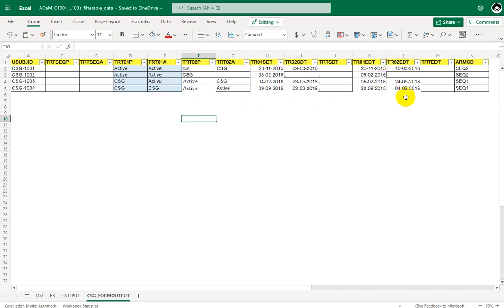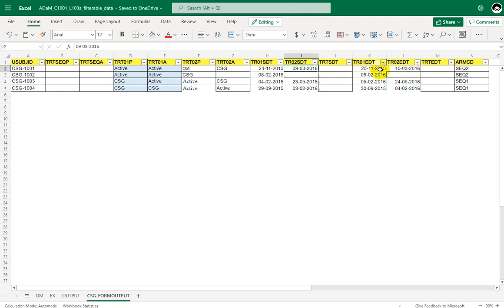TR02SDT and TR02EDT. So now let us take a look at the TRTSDT. We have seen the derivation that we will have to populate the minimum of TR01SDT and TR02SDT in TRTSDT. So 24th November and 9th March. Something doesn't seem to be right for TR02SDT for subject 1001. I'm not sure why this is 2016.